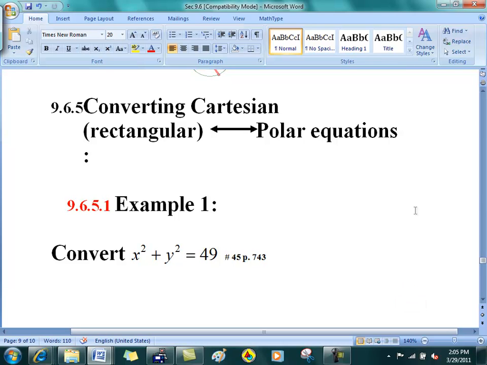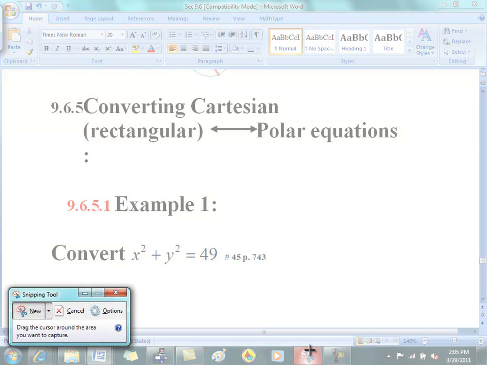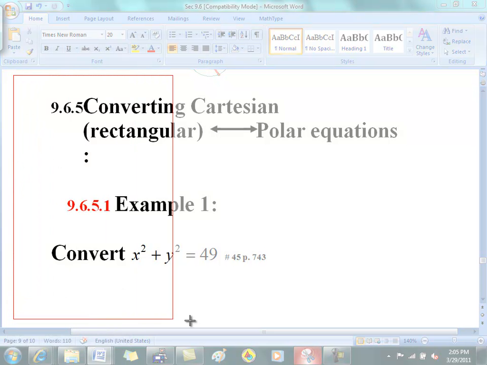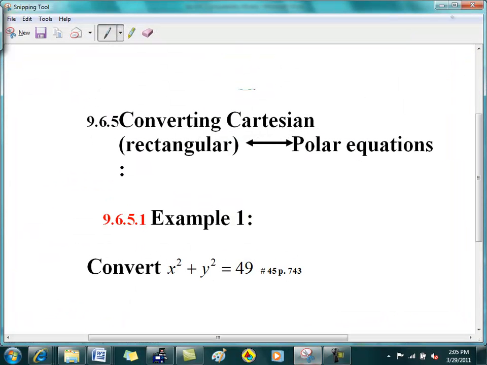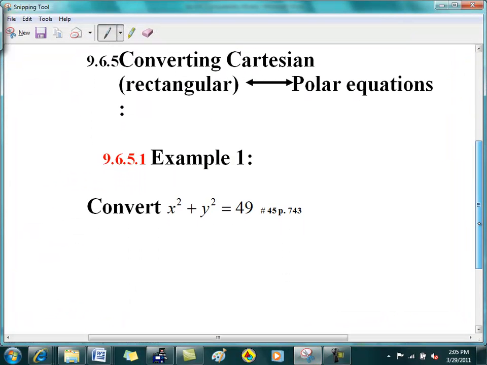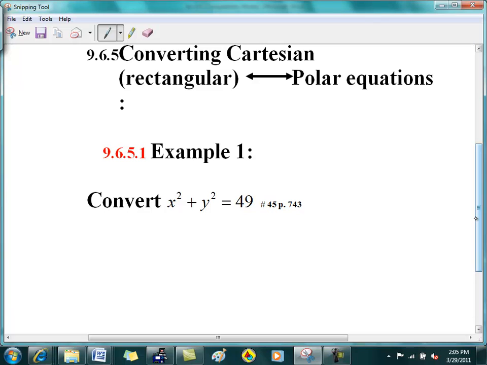Okay, going now from equations, not just coordinate pairs, but from equations to equations. So right here you have an example of a Cartesian equation, and I want to go to polar form. I'm going to use these two relationships.